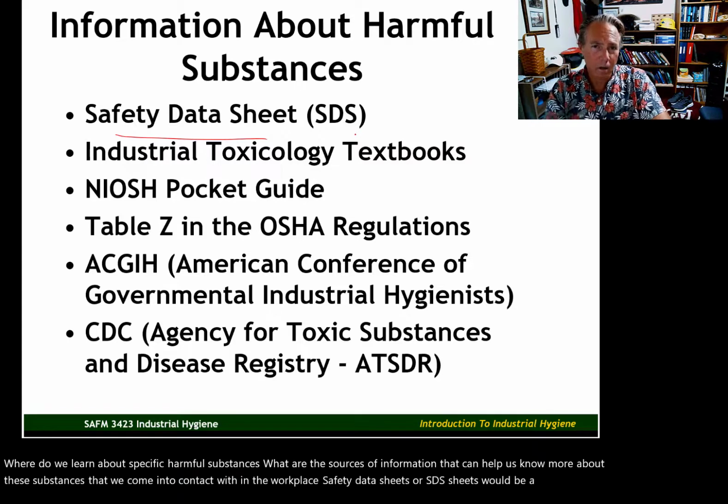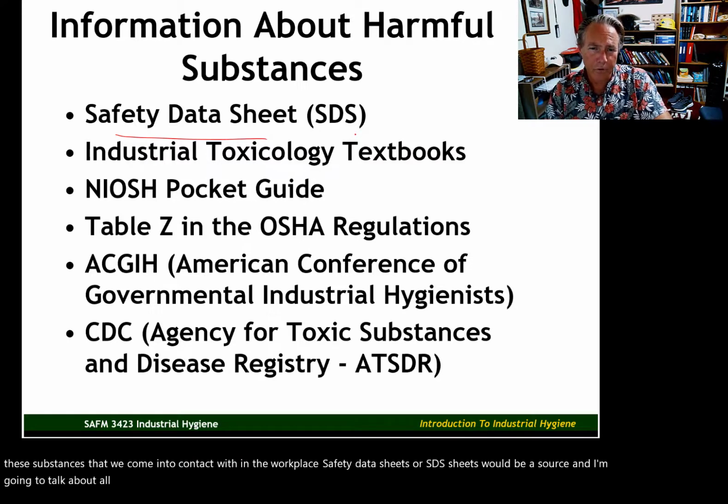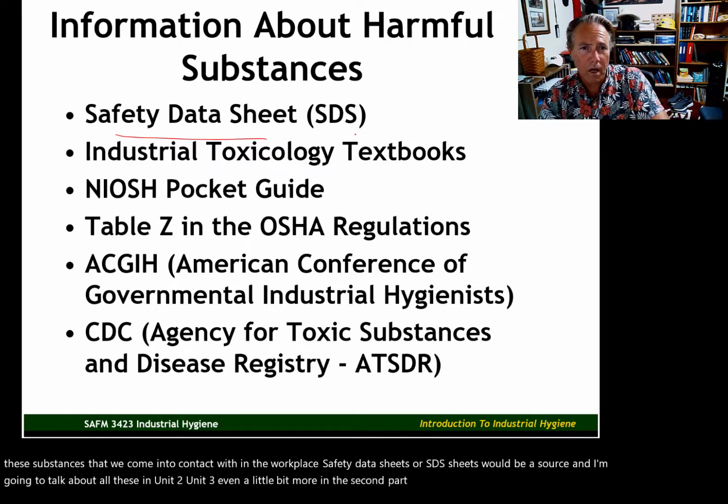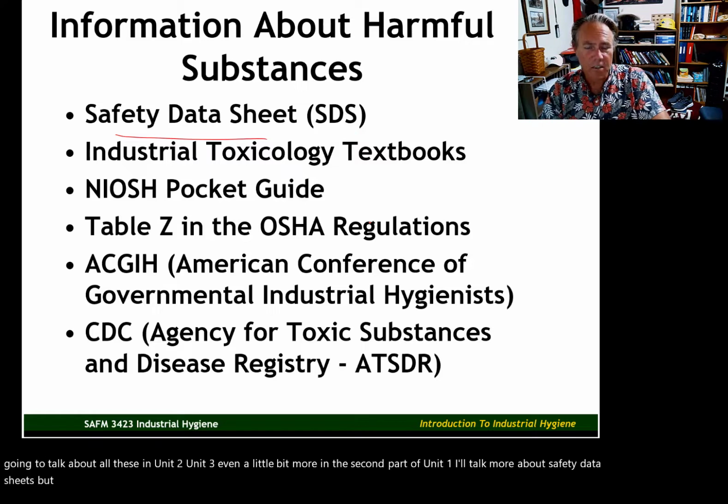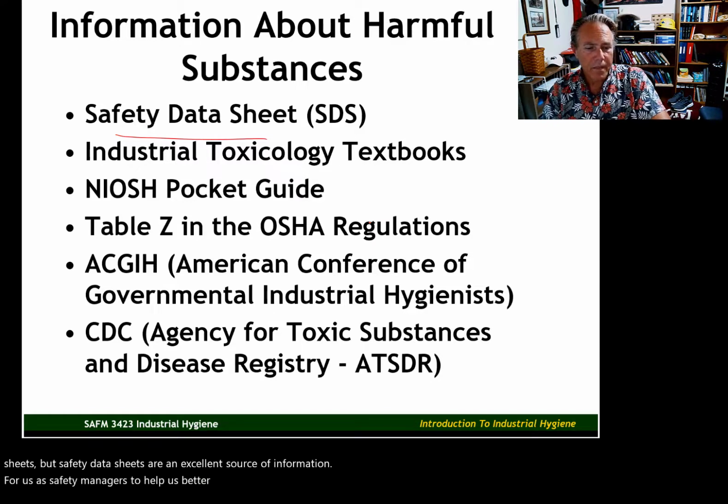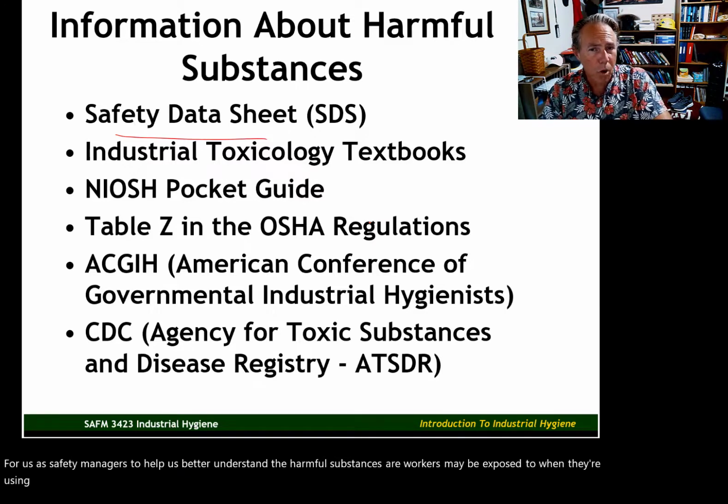And I'm going to talk about all these in Unit 2, Unit 3, even a little bit more in the second part of Unit 1. I'll talk more about safety data sheets. But safety data sheets are an excellent source of information for us as safety managers to help us better understand the harmful substances our workers may be exposed to when they're using different types of products, different chemicals.